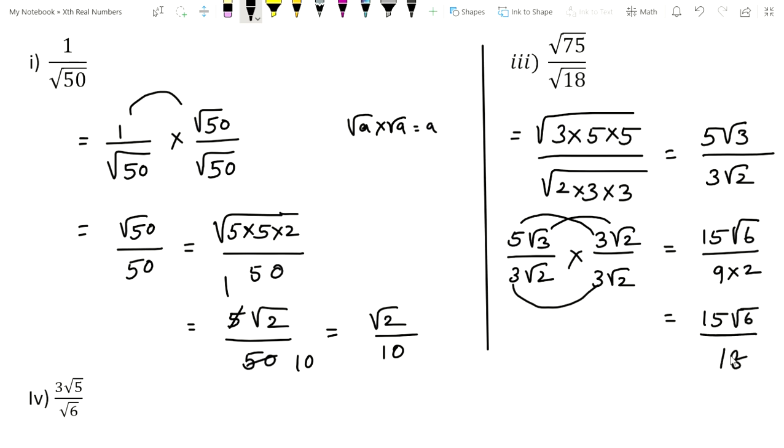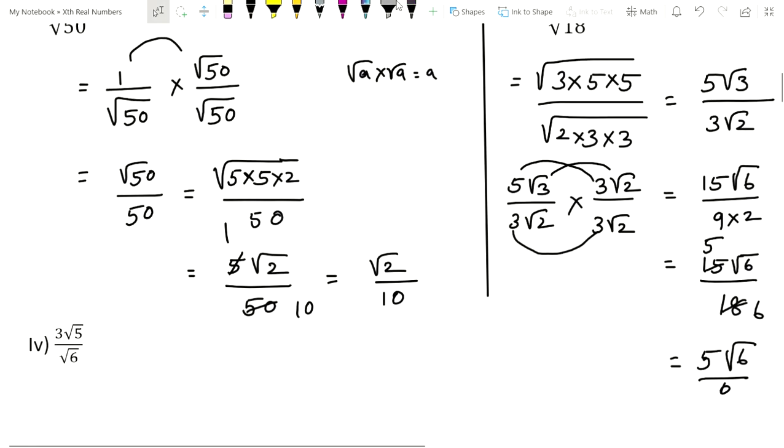Now see here, 15 by 18. We divide this: 5 threes are 15, 6 threes are 18. So what is the answer, children? 5 root 6 divided by 6.